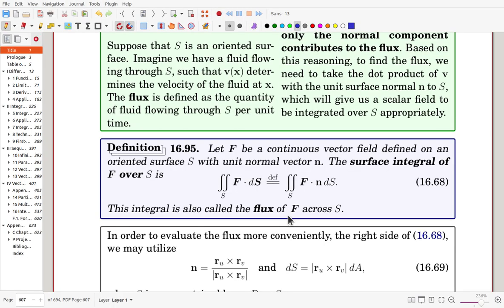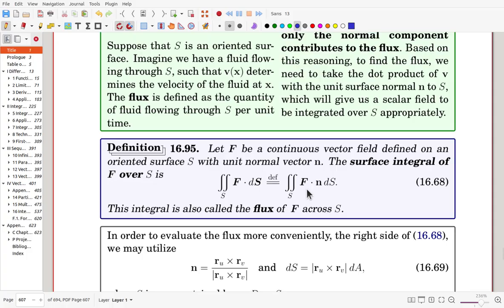So we distinguish in this way. So for a surface integral, we compute the quantity in the normal direction only. That is the definition.